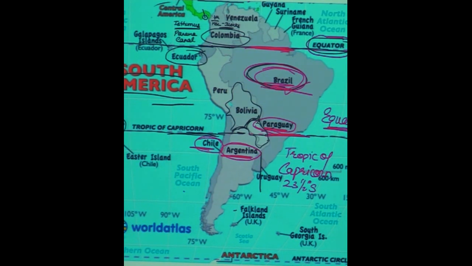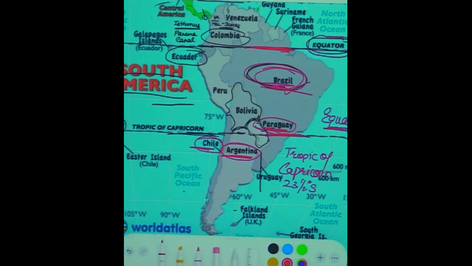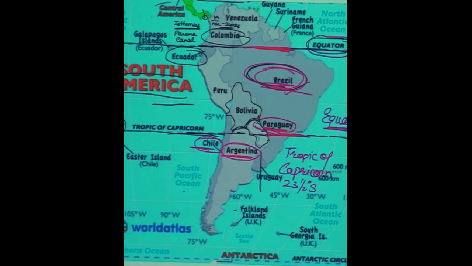Now if you have to take the reference of the location of water body related countries, you can easily apply it on the locational factors. I'll have Chile, Peru, Ecuador, Colombia.